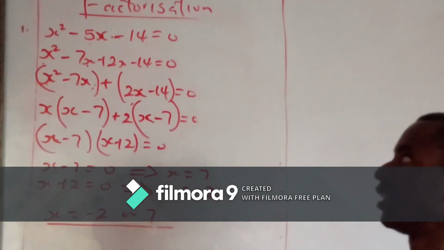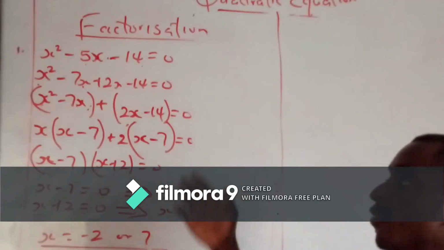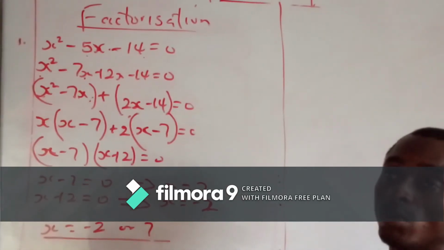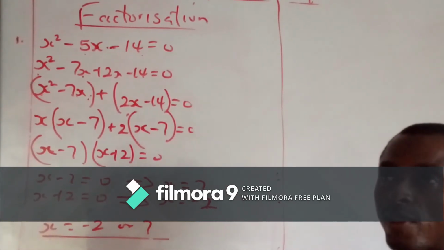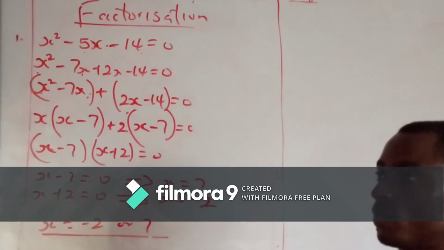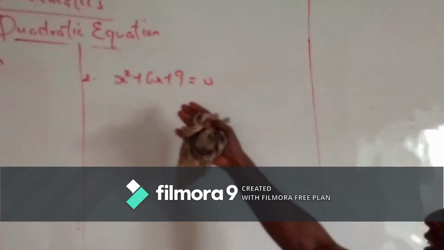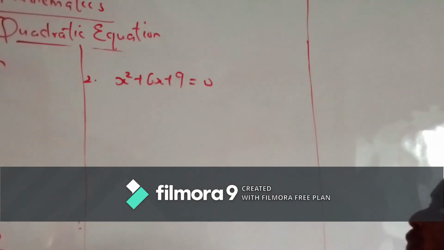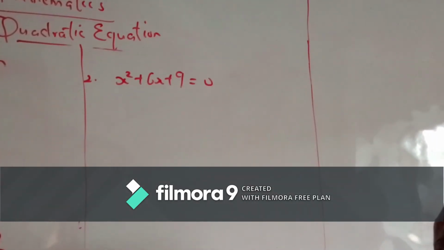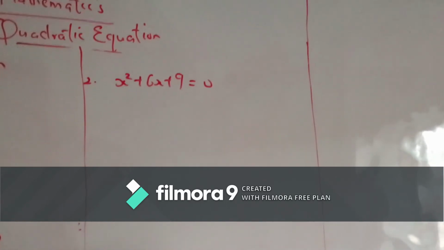Now we'll look at another example where we have equal roots. Remember what we called the perfect square. Now this is another example where we have two equal roots. Let's follow the process.